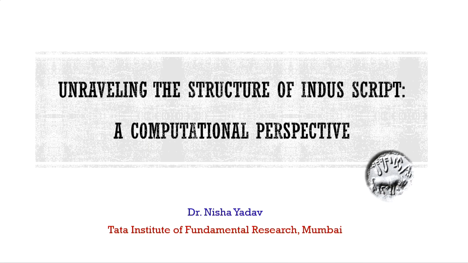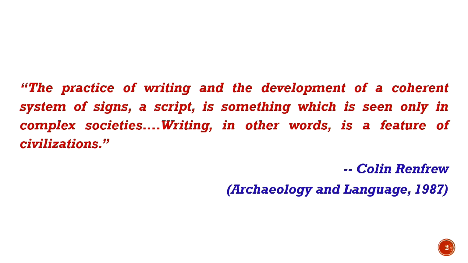So, let us start the discussion by taking a look at what Colin Renfrew has to say on writing. Colin Renfrew says in his book Archaeology and Language, the practice of writing and the development of a coherent system of signs, a script, is something which is seen only in complex societies. Writing, in other words, is a feature of civilizations.